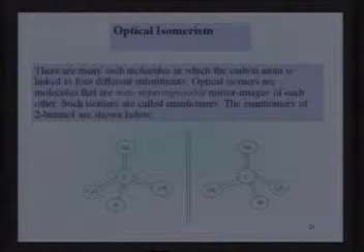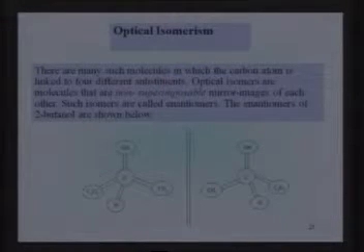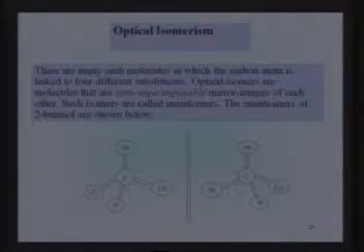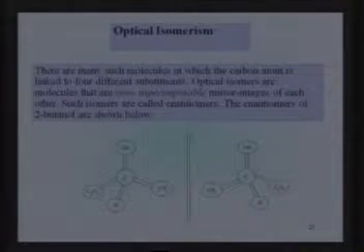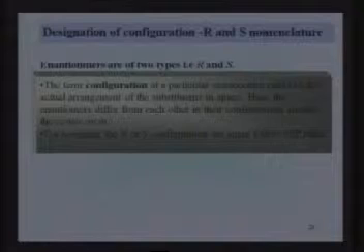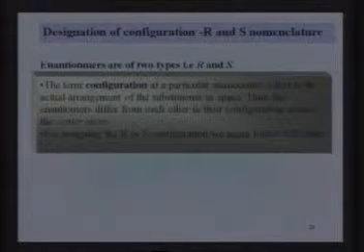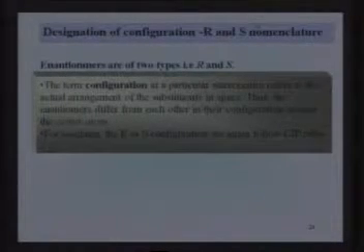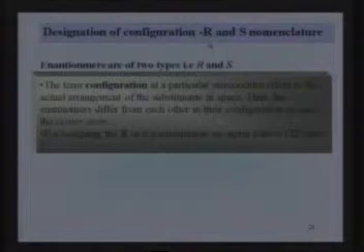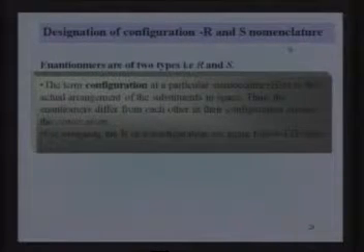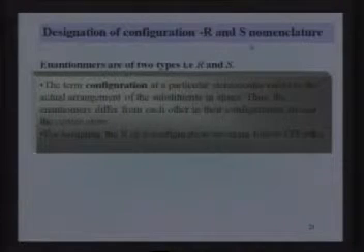And when there are these molecules, there are two isomers, one will be dextro, another will be levo, we say that this molecule exhibits optical isomerism, and the isomers are said to be optical isomers. And the absolute configuration for these optical isomers is given by R and S nomenclature, wherein R is for rectus and S is for sinister.